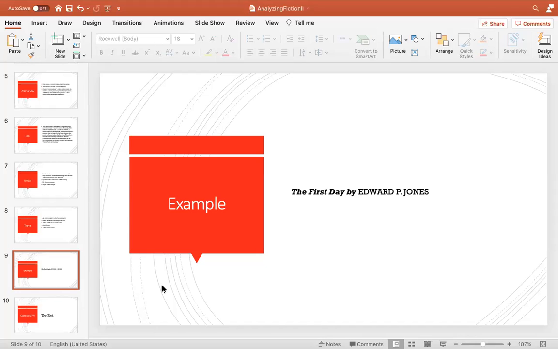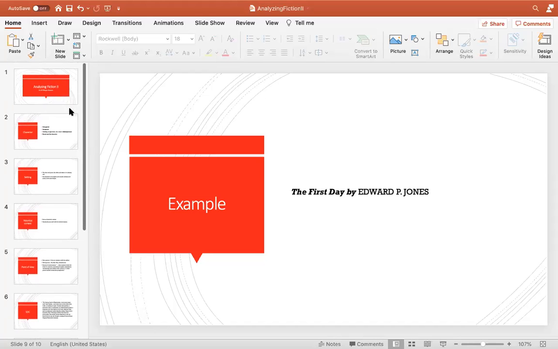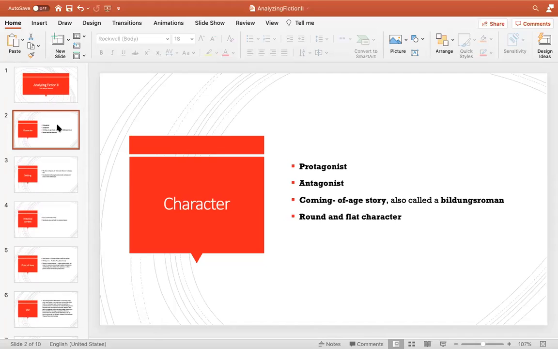Please read it by Monday, and then what you have to do, very briefly, is describe these elements in that story. You should be able to tell me what the characters are like. Just a few characters. Mainly there are only two characters in the story.